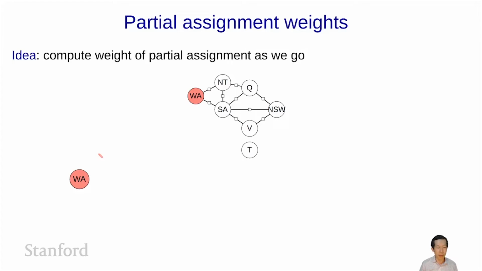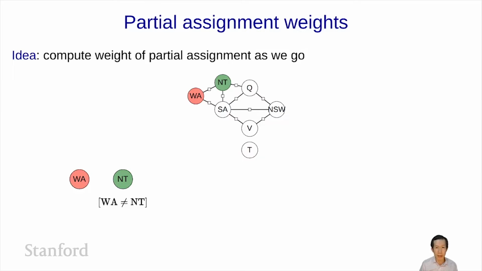We can't evaluate any of the factors so far. But once we assign NT, we can evaluate this factor and test whether WA is not equal to NT. The other factors we can't evaluate yet because we don't know the values of these variables, but we can move on.